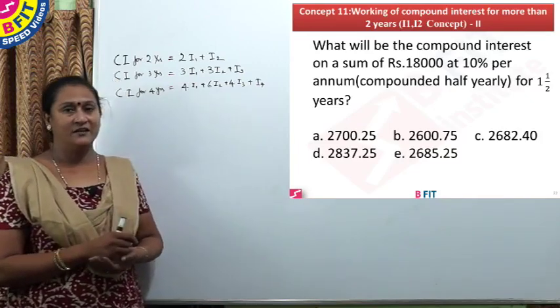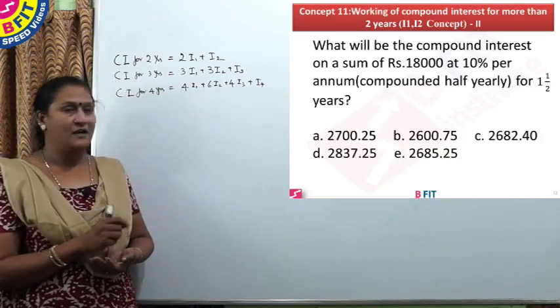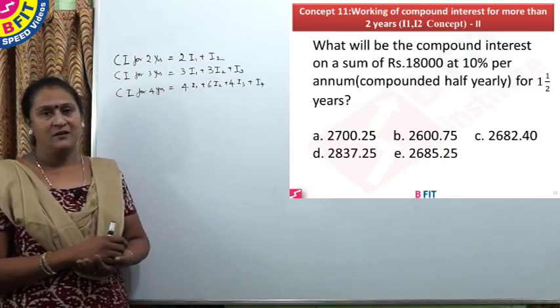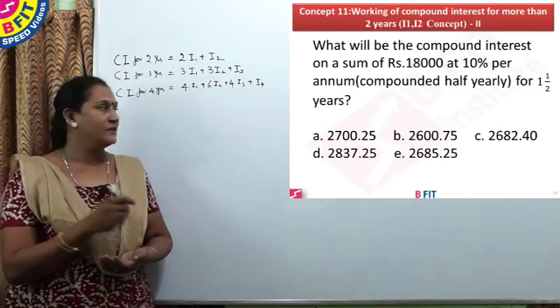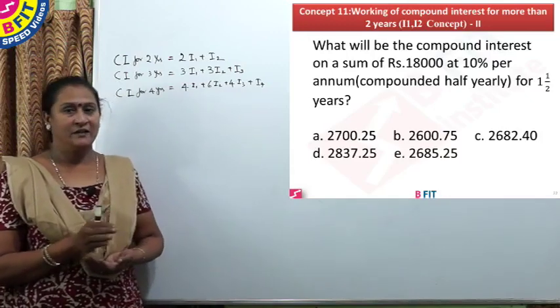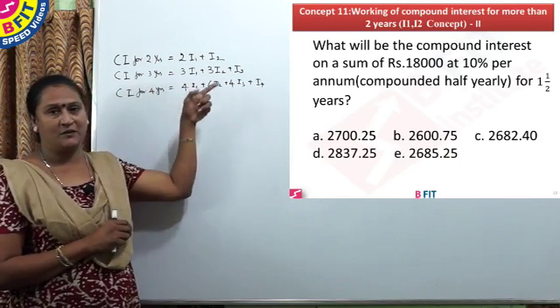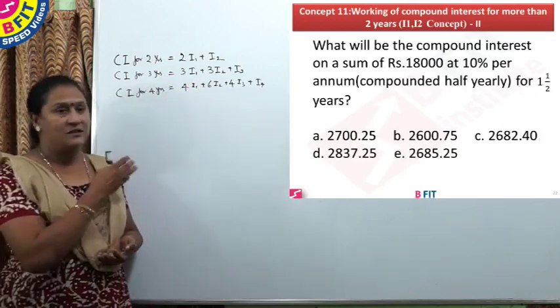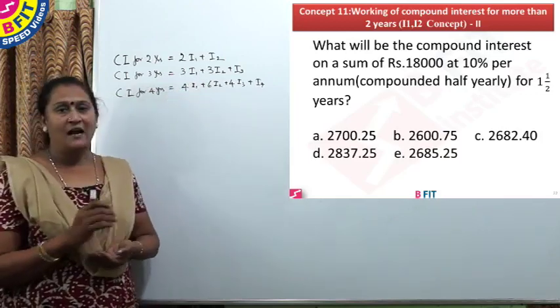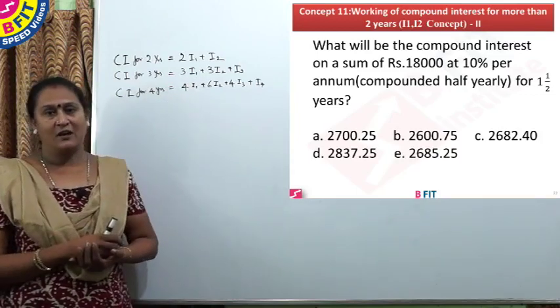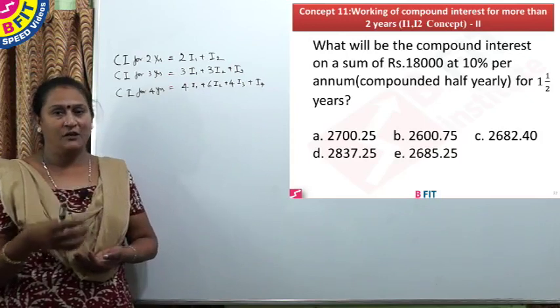In 1.5 years, if we are calculating the interest for every 6 months, we will have 3 periods of 6 months. So we will be calculating the interest 3 times, or the period is 3. So you can use the concept of n equal to 3: 3I1 plus 3I2 plus I3, this pattern itself, and take half the rate. Now we can do some oral working instead of calculating I1, I2 and I3.